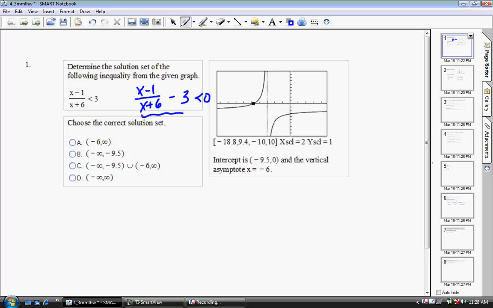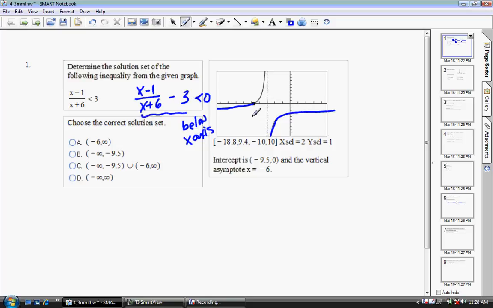The main thing is understanding that this graph is what's expressed here, and we want to find where that is less than 0. And remember, the key part of that is where that is below the x-axis. So where is the graph below the x-axis? It's below it here and also here, right?